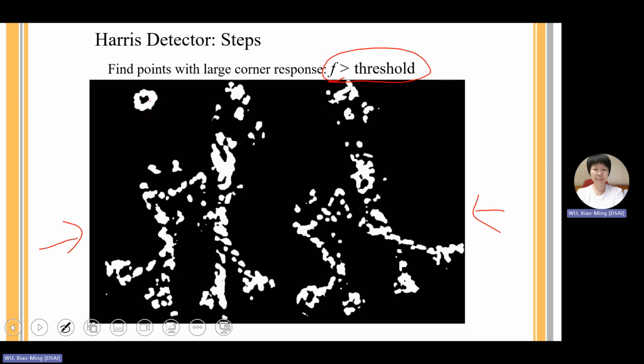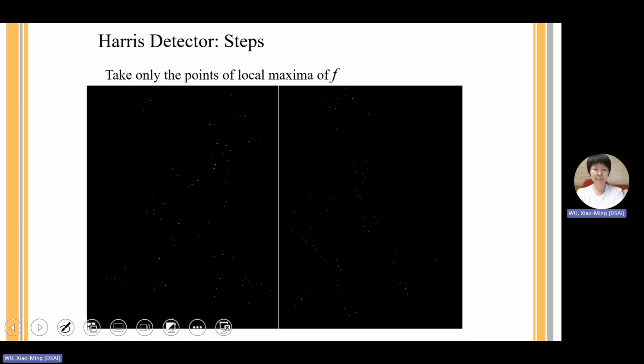Those white pixels represent the pixels with high corner response. But there are many, and we want to assure a minimal, unique response. So we do non-maximum suppression by only keeping the point with the local maximum.